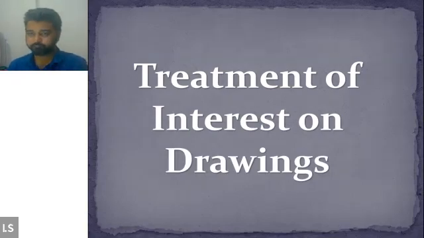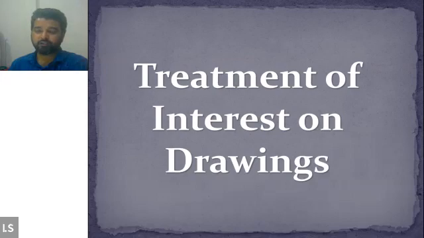I'm sure that all of you already know the meaning of drawings, right? Like in class 11 in accounts, you must have understood the meaning of drawing. Drawing is nothing but the withdrawal of amount from the business for personal or private use. If any partner is withdrawing a certain amount of fund or any kind of asset from the business for his private or personal use, that will be considered as drawings, right?